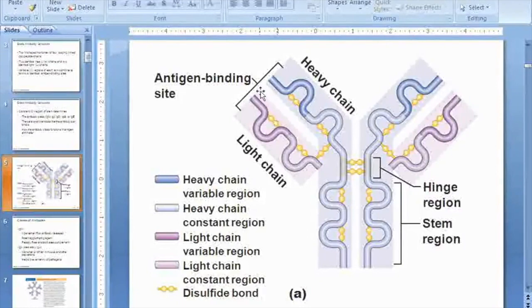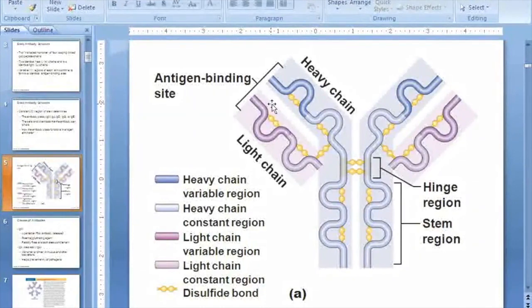Now let's get real fancy and fun and technical. If an antibody is a protein, doesn't it have a specific shape? Do you remember from AMP1 that proteins have specific three-dimensional shapes? So when it's built, this variable region, or this antigen binding site, will have a very specific shape to it. And its shape will be made to fit what? The bad guy.